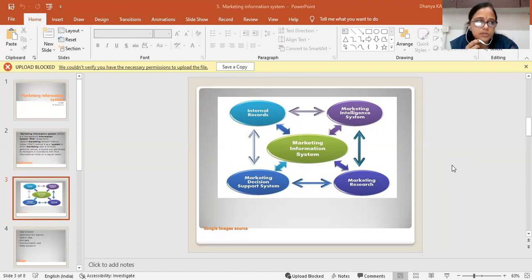Later, due to research activities, this marketing information system was formulated. Marketing information system brings together all the internal records, marketing intelligence system, marketing decision support system, and marketing research to give the maximum to the customers.